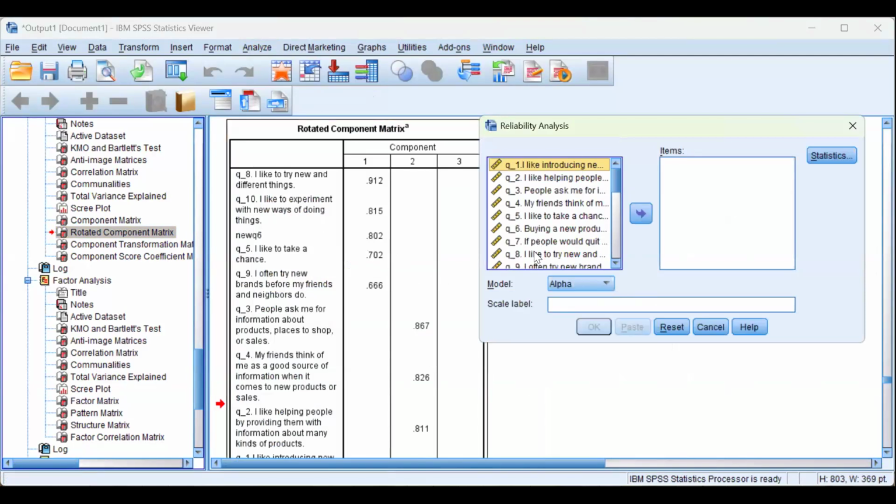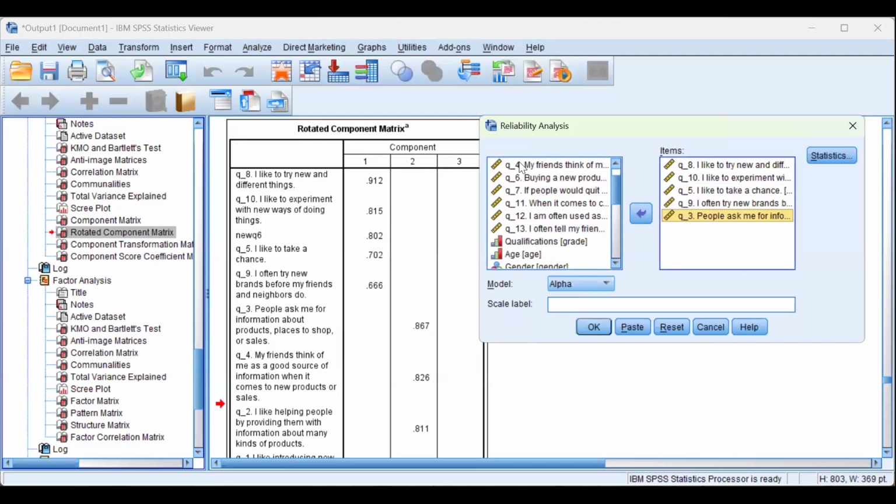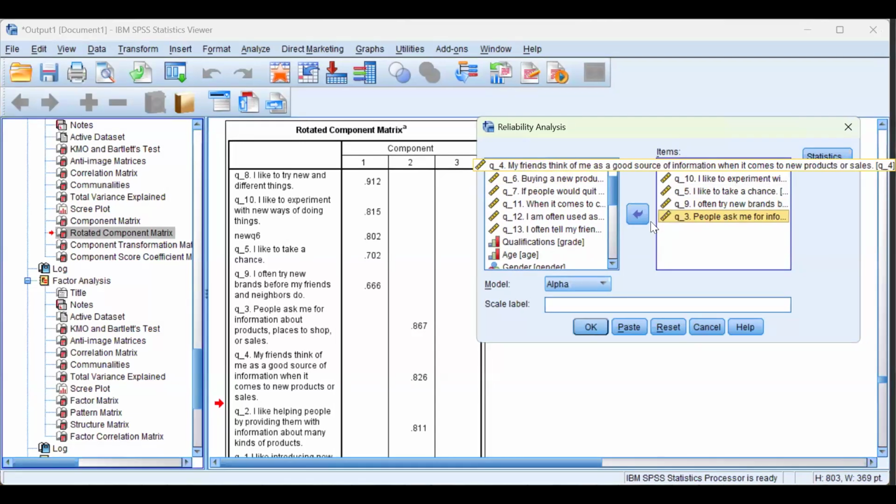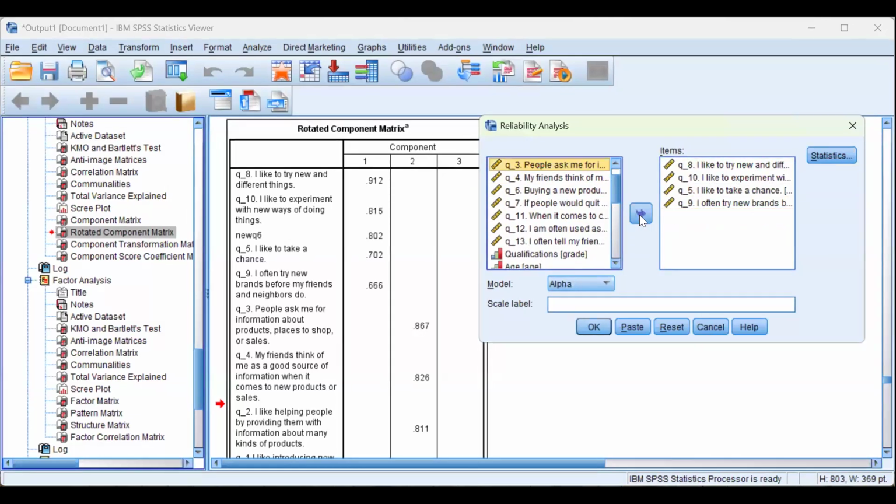So we will take Q8, Q10, Q5, Q9, Q3, and sorry, not Q3. Just Q9.